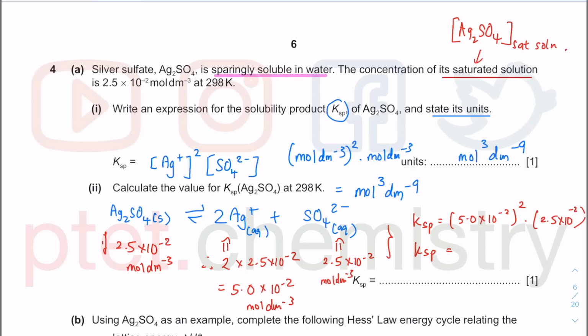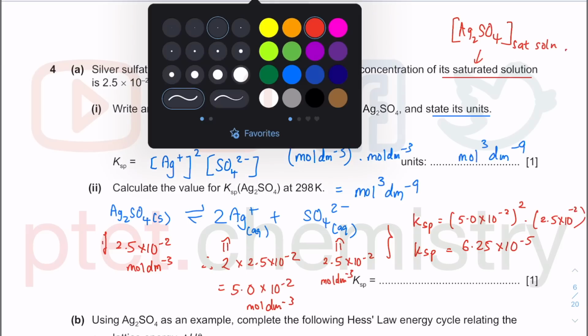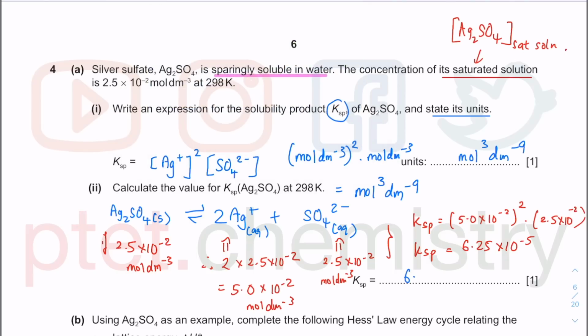You multiply by 2.5 times 10 to the minus 2, and altogether you get 6.25 times 10 to the power minus 5. Of course, you have the unit there previously, so I don't have to write it again. But in my final answer, I should always try to be as accurate as possible by including the unit that I did correctly from the previous part of the question.